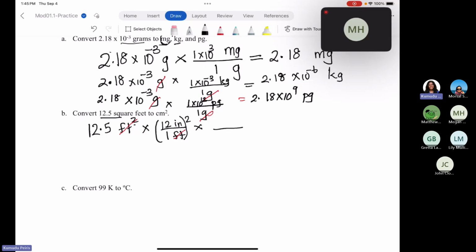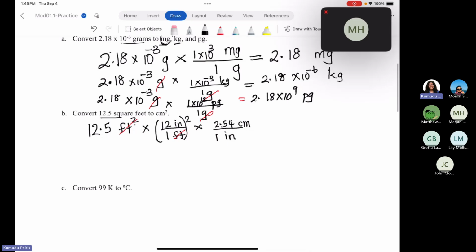So what should go into the denominator? Yes, it should be the inches. 1 inch equals 2.54 centimeters. Right. Again, is that correct?